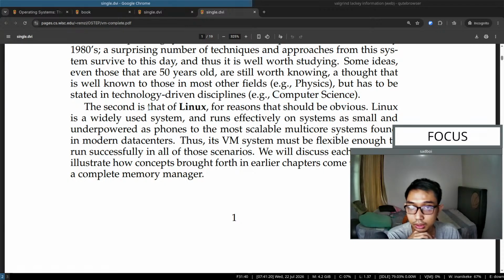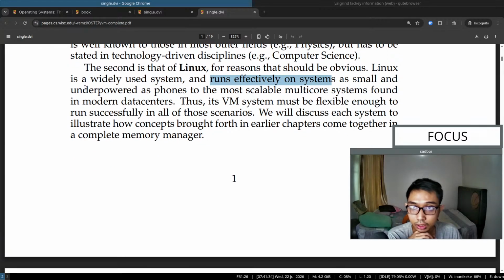The second is that of Linux. For reasons that should be obvious, Linux is a widely used system and runs effectively on systems as small and underpowered as found to the most scalable multi-core systems found in modern data centers. Thus, its virtual memory system must be flexible enough to run successfully in all of these scenarios.